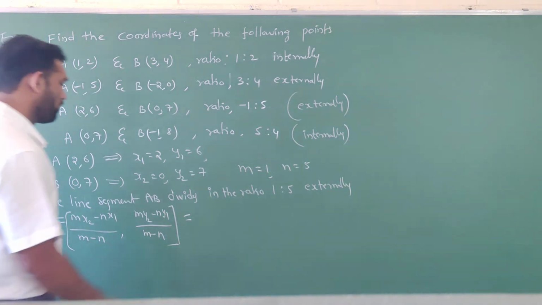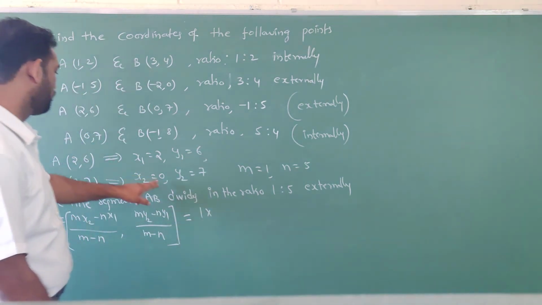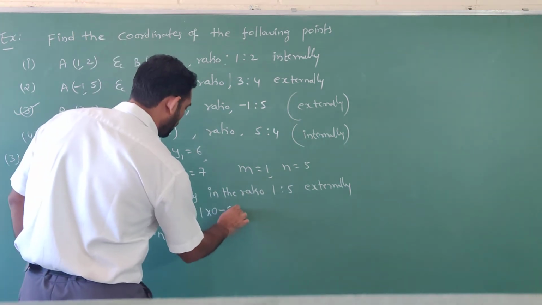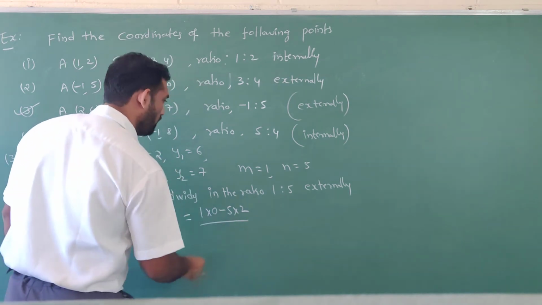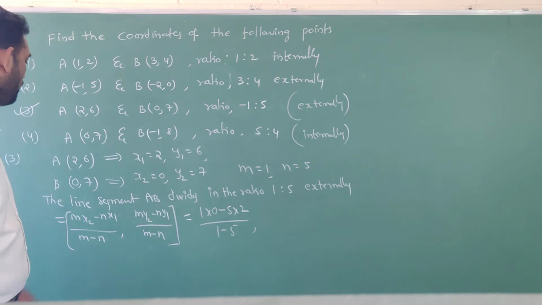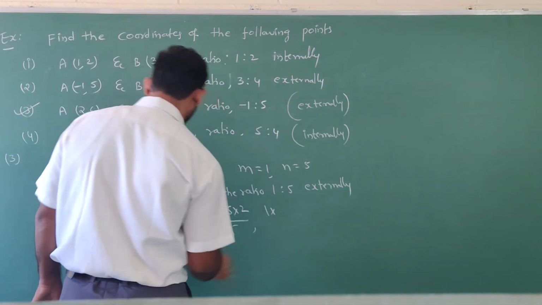M value 1 into x2 value 0 minus n value 5 into x1 value 2 divided by 1 minus 5, comma, m y2. M is what? 1 into y2.